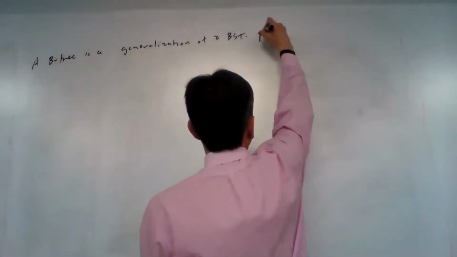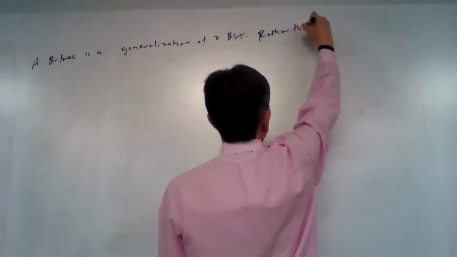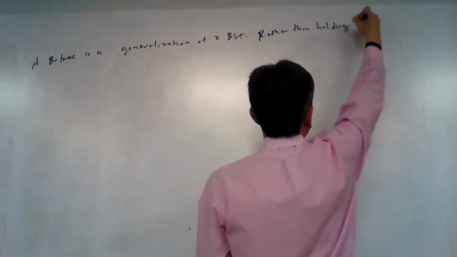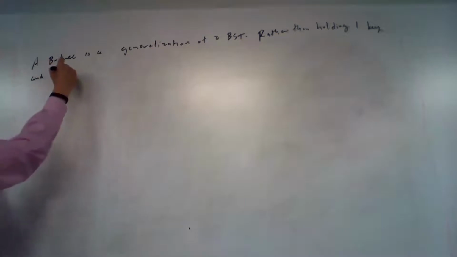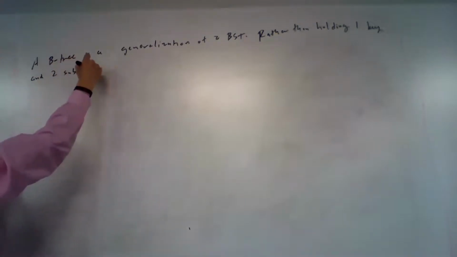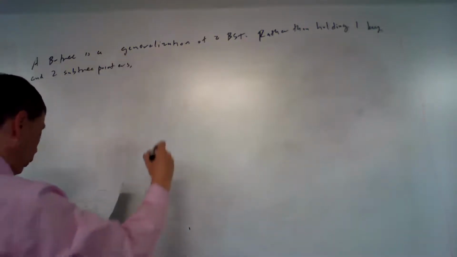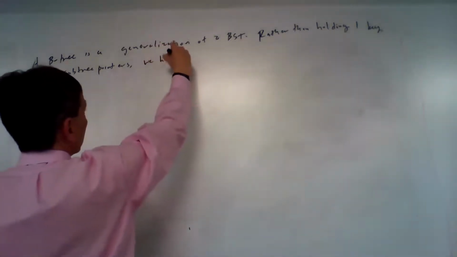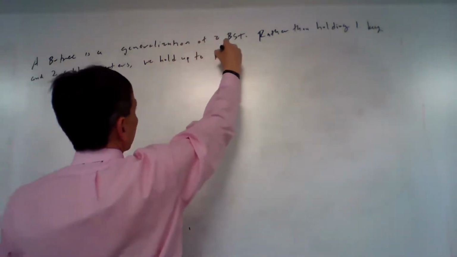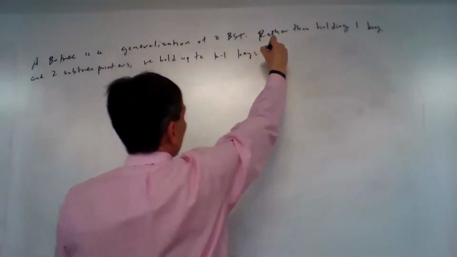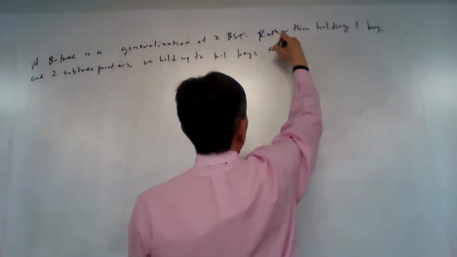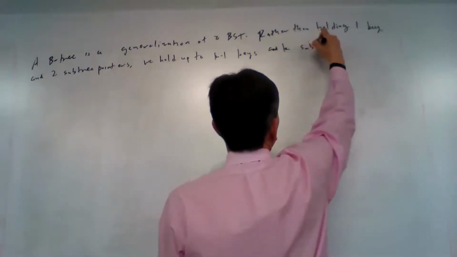Rather than holding one key and two subtree pointers, we hold up to k minus 1 keys and k subtree pointers.